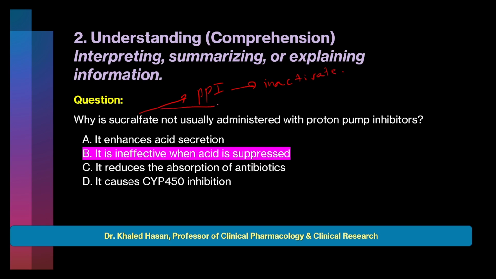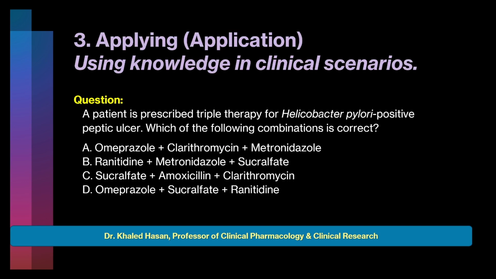If you add it with an H2 blocker, this will also lead to inactivation. The same applies if you add it with an antacid. Therefore, we recommend using sucralfate away from antacid medication, from the proton pump inhibitor, from the H2 blocker, and from the antacid.